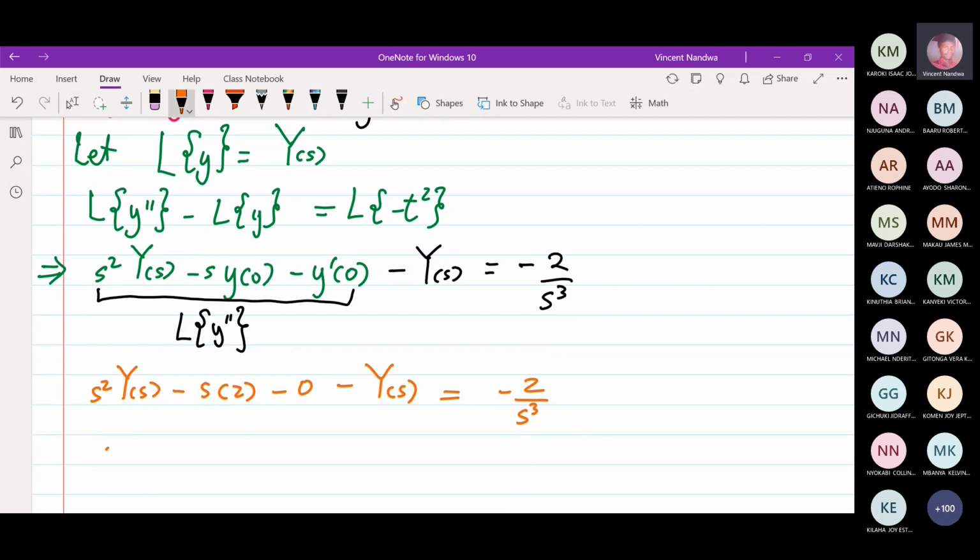So this is s squared Y of s minus 2s minus Y of s equals minus 2 over s cubed.